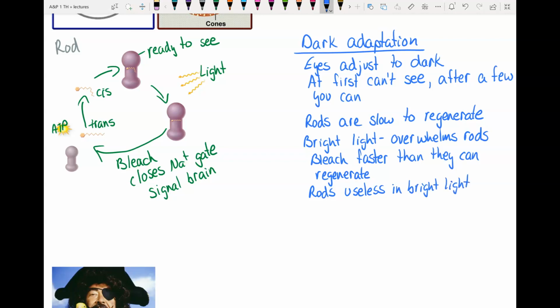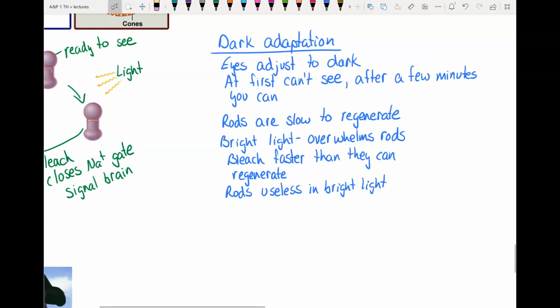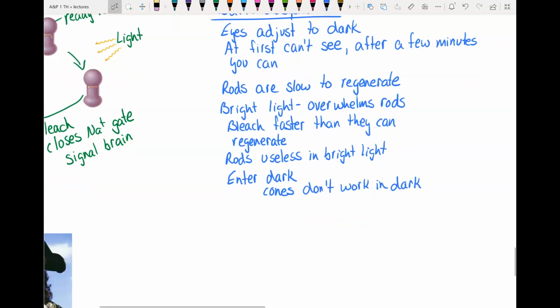So when you first go into the dark, so now you enter the dark. Now remember, cones only work in bright light. So as soon as you enter the dark, your cones don't work. And your rods are bleached out.